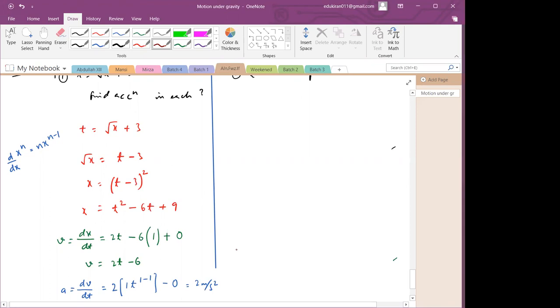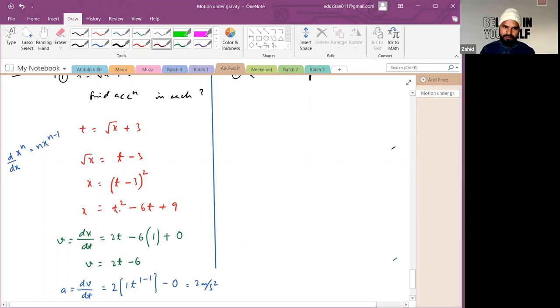Is it clear? Sir, but in dx by dt, t square is becoming t and how is t becoming 1? No. Simply, for this part, t has exponent 2. So on differentiating, it will be n x to the power n minus 1.